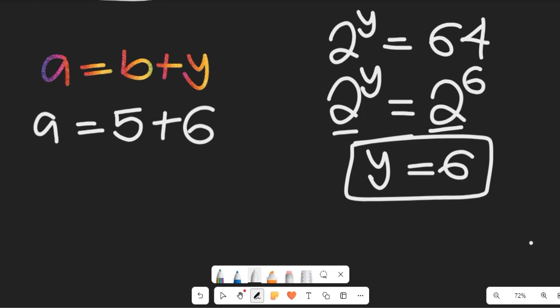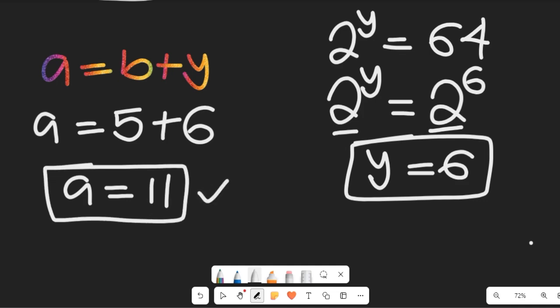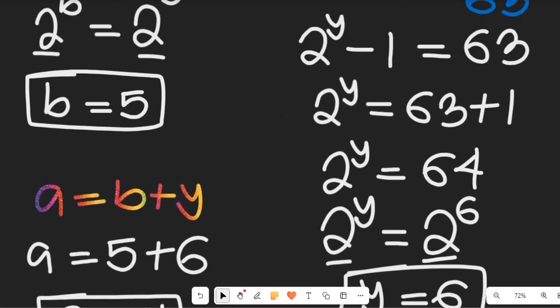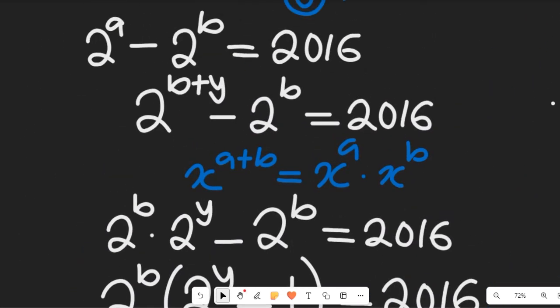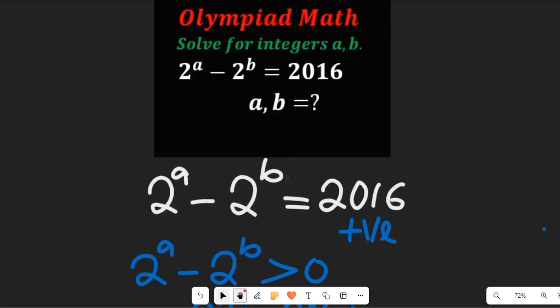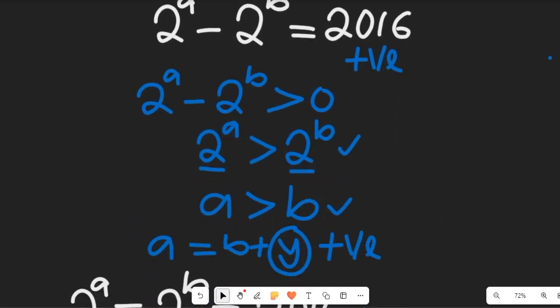So the value of our a will be equal to 11. So if the value of our a is equal to 11 and the value of our b is equal to 5, that is the solution to the expression given to us up there. Now from this solution, we can find out that our a, b is equal to 11, 5, and that is the solution to that expression.